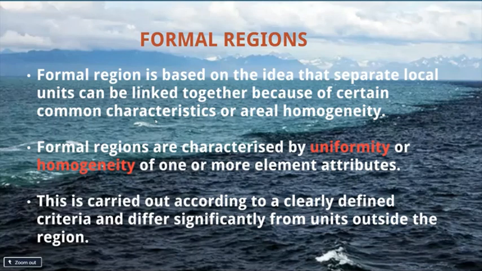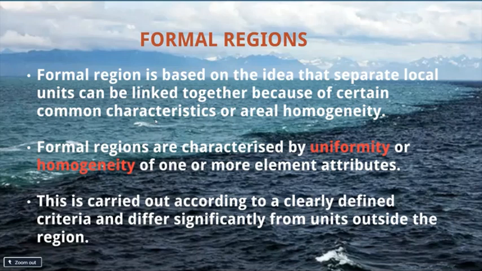So that characteristic can be vegetation. Some parts of the Western region of Ghana and other parts of the Ashanti region of Ghana are all classified as being under the forest vegetation, because they all share similar types of trees, and the level of precipitation in these regions is also similar.